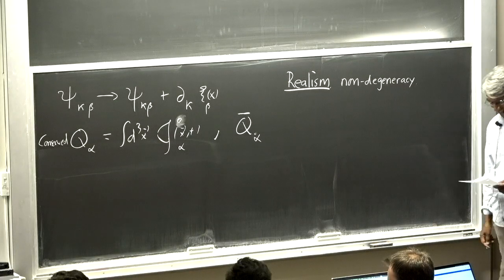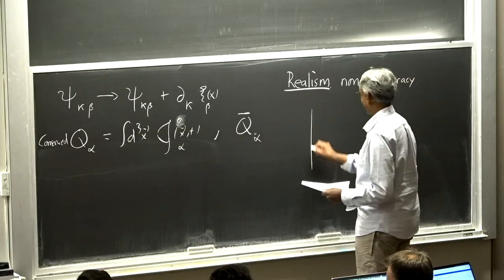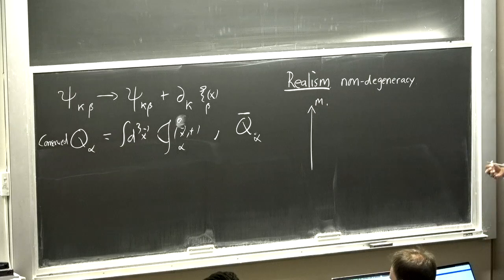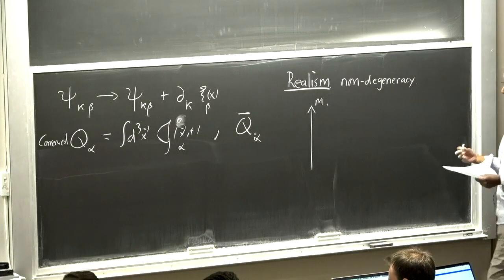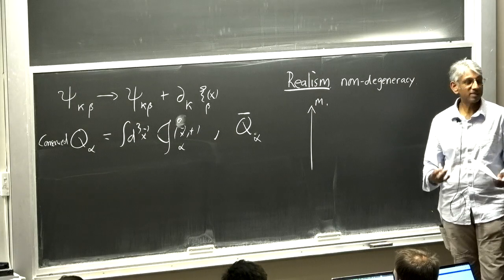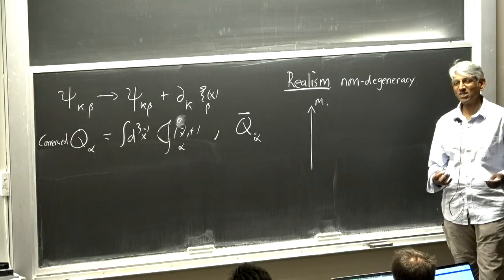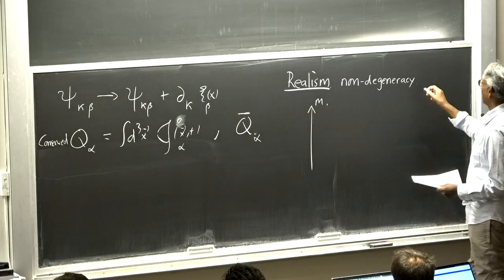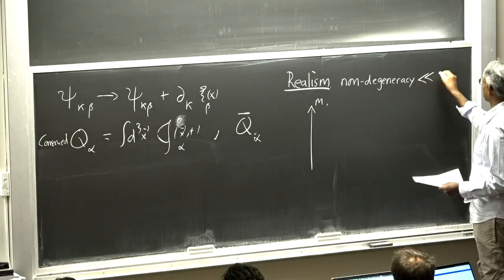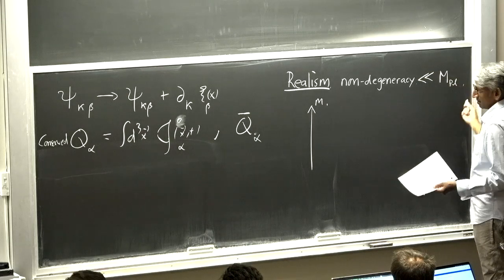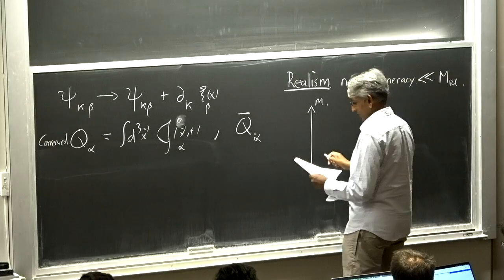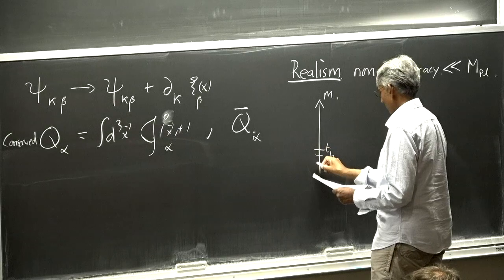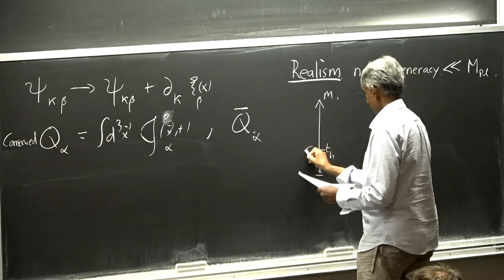Okay, but this non-degeneracy might be, in the big scheme of things, just a little blip. It's a tiny non-degeneracy. It can still be much smaller than M Planck. What do experiments tell us? Here is the top quark, here is the Higgs, etc., the standard model.